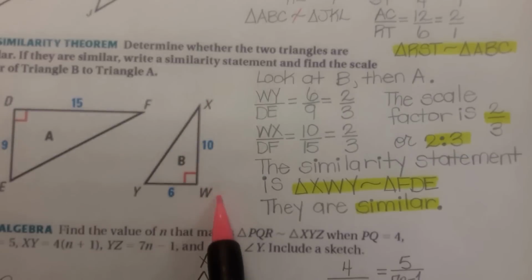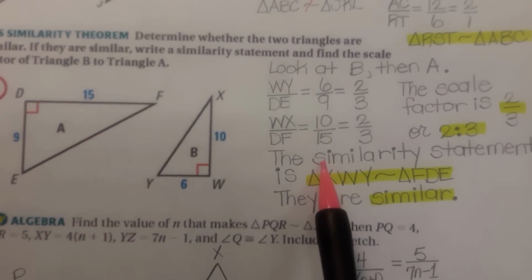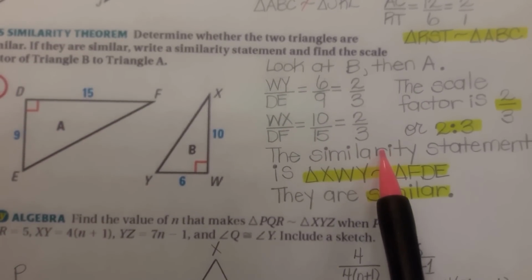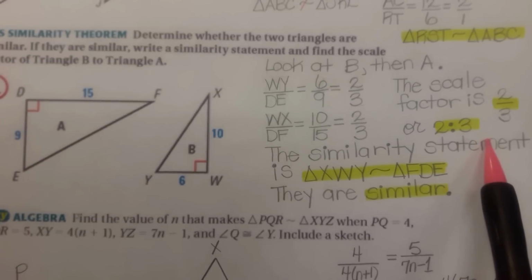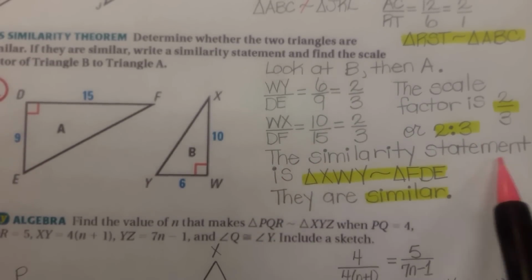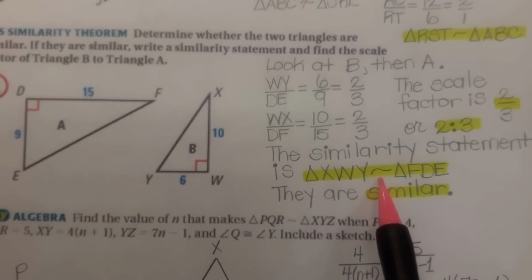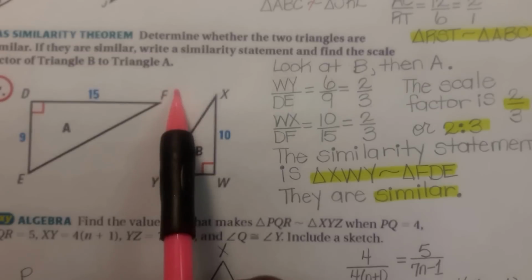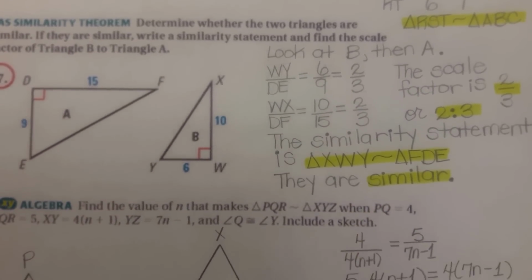I know that WX corresponds with DF, which is 10 over 15, which simplifies to 2/3. So the scale factor is 2 over 3, or you can say 2 to 3. So the similarity statement is triangle XWY is similar to triangle FDE. So we know they're similar.